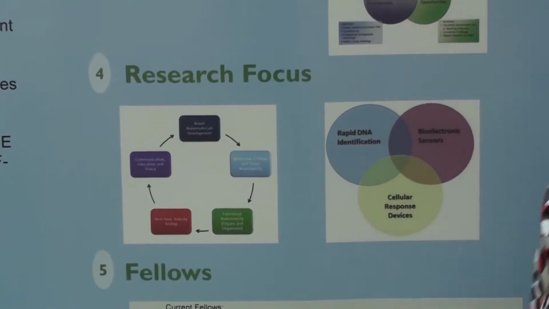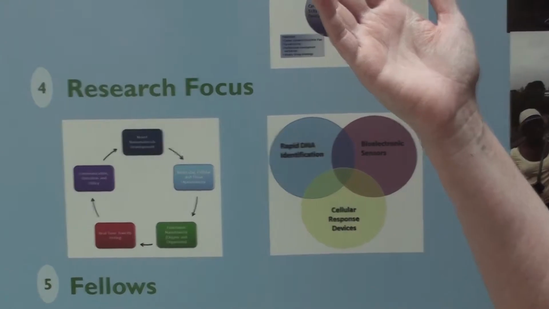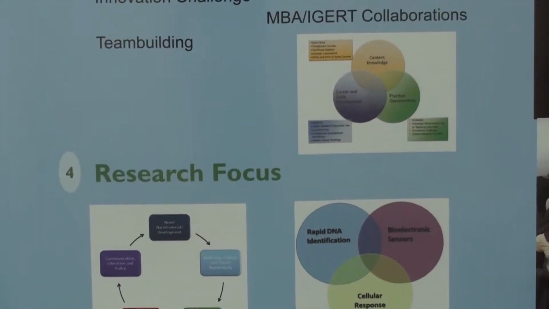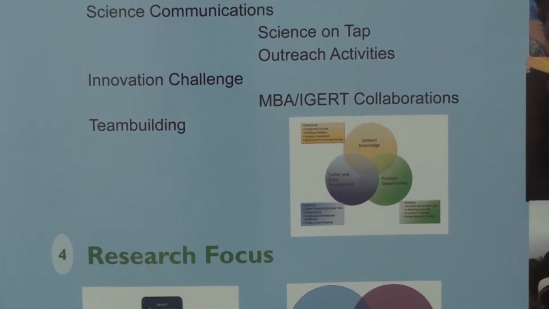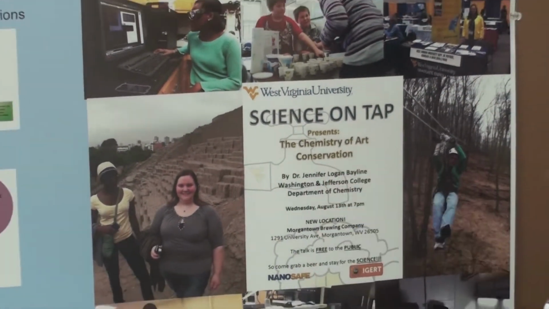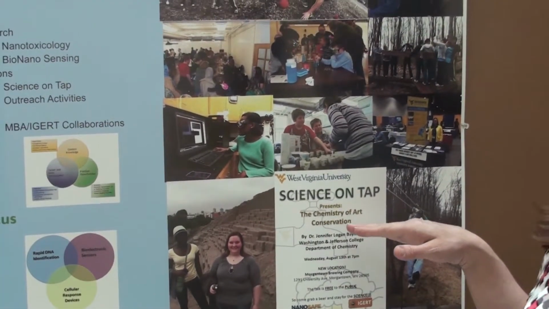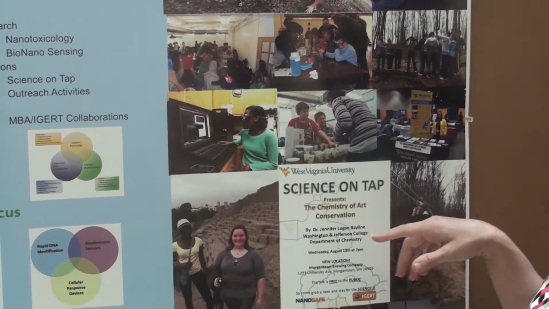In terms of science communications, one of our programs that we're working on with our NanoSafe and IGERT programs is called Science on Tap. The students are organizing lectures for the community. Our next upcoming lecture is in art conservation.